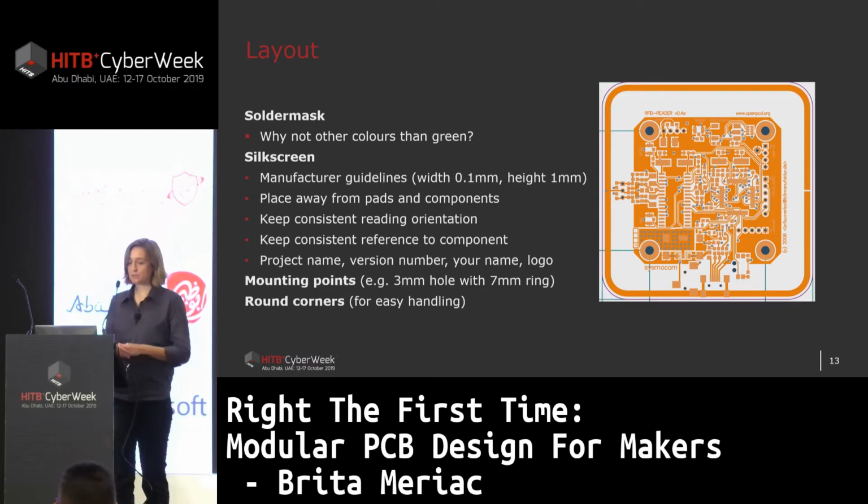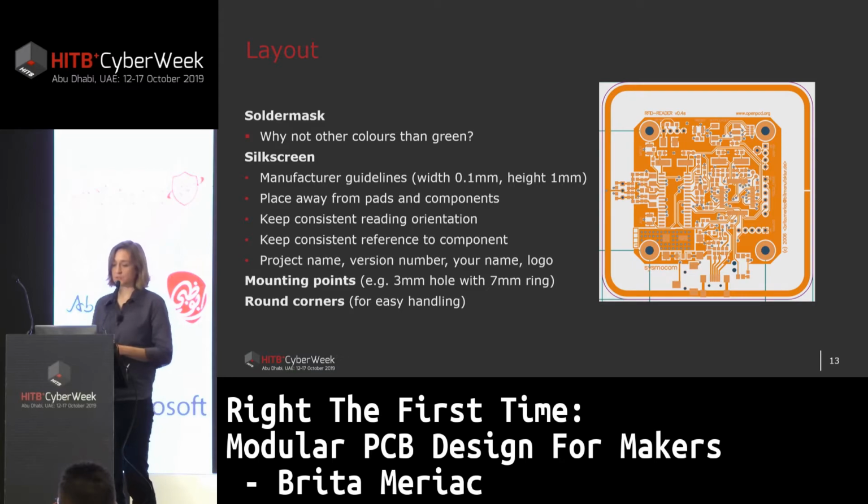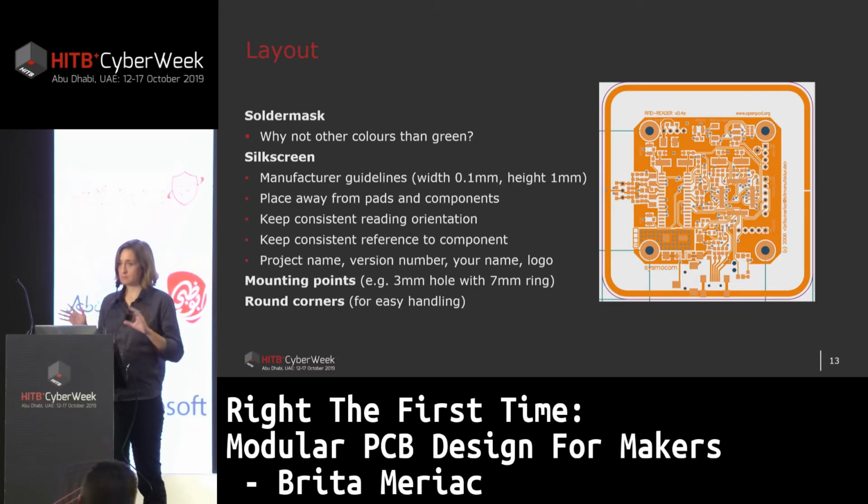To include the component designator silkscreen layer for prototypes is very important. It's important for easy location of components, so keeping the silkscreen text all readable in one direction is good advice.